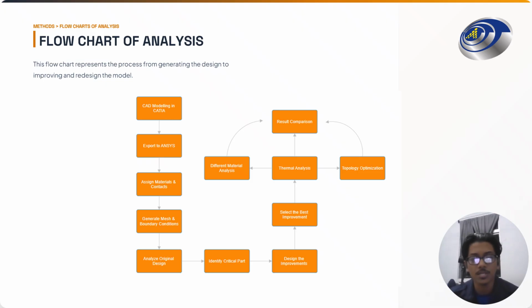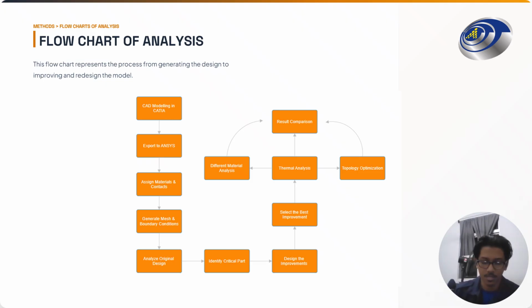Then we assign material and contact, generate mesh, and set our boundary conditions. After that we start with our design analysis, and then identify the critical part that is prone to failure.